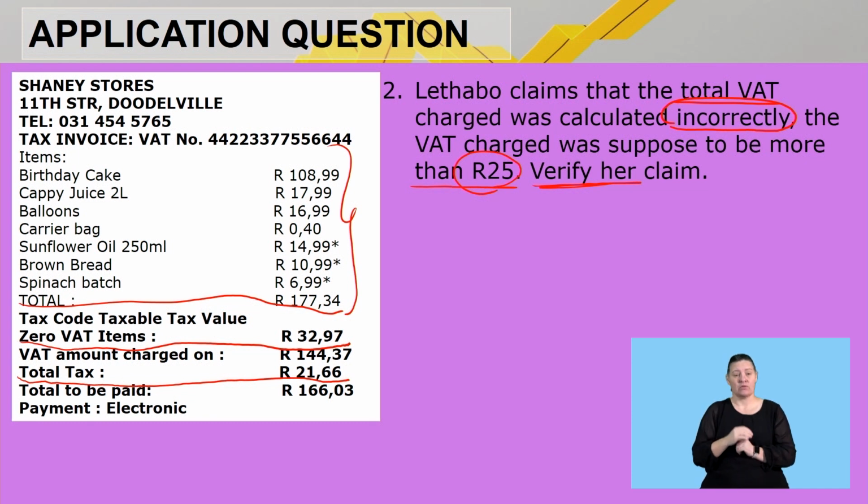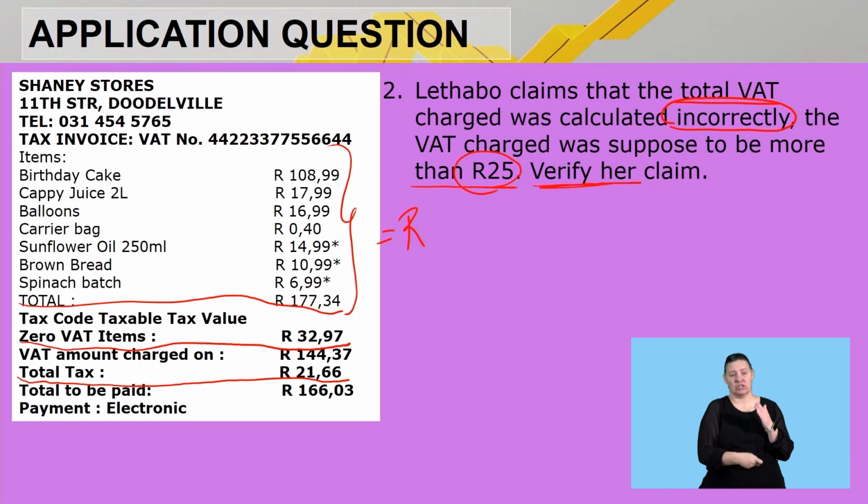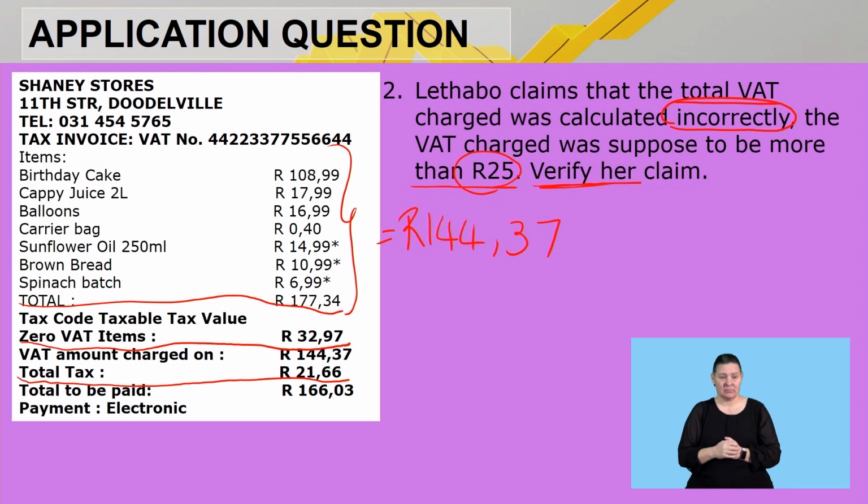So it simply means that they have subtracted the zero rated items from 177.34, and they have charged VAT only on those items that are not our basic needs. So they have charged VAT on 144.37. Now let us see the amount of VAT that will be charged on this.